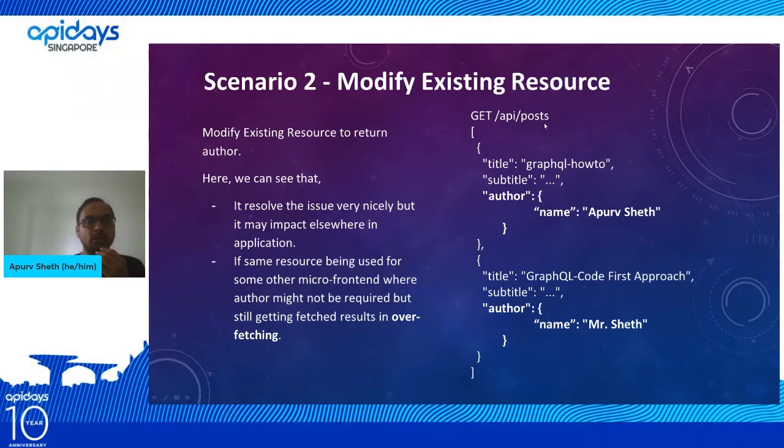What we can do is introduce the author's attributes as a part of the response in the existing API itself, and expose those attributes to the consumers. So this use case is to modify the existing resource, where we have the same endpoint exposing the set of attributes required by the consumer.